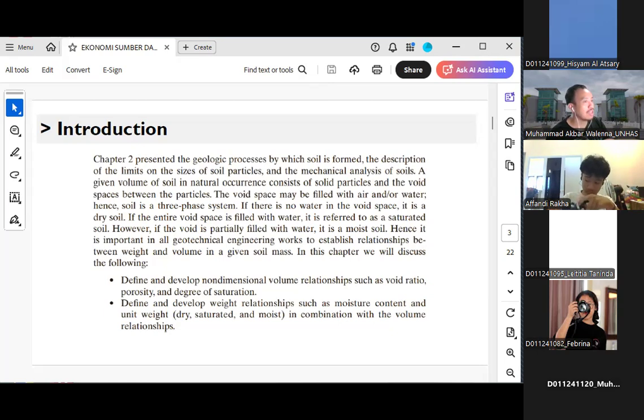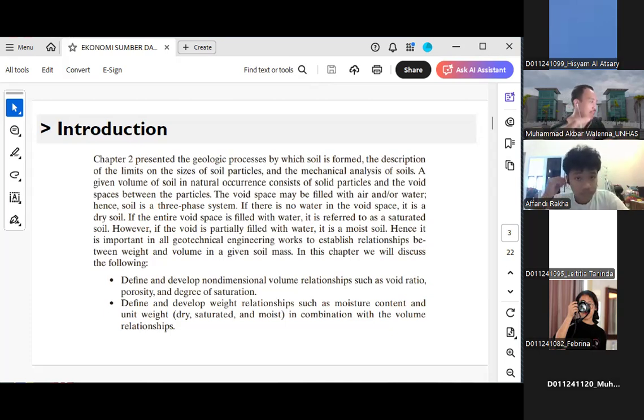That means we need to understand how soil is structured and how it behaves under different conditions. We call soil a three-phase system. What does that mean? Soil is not just solid particles.